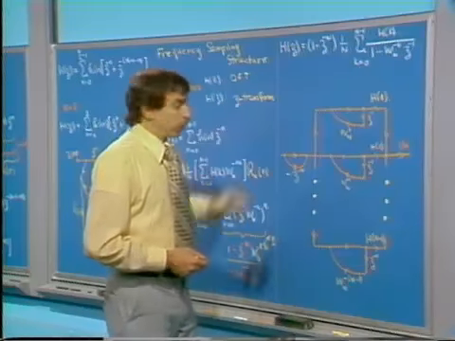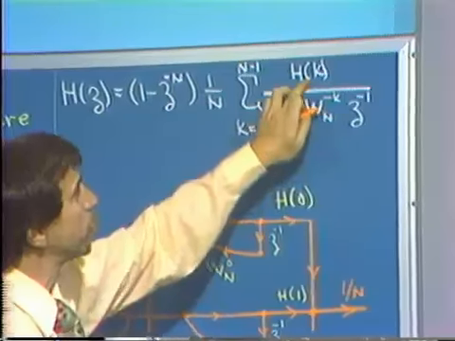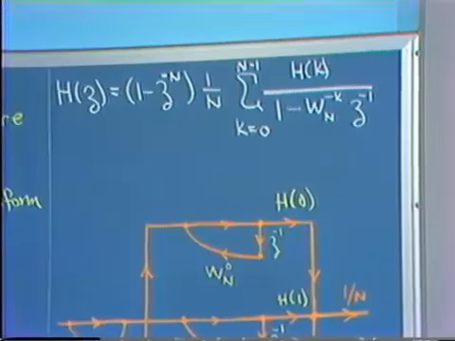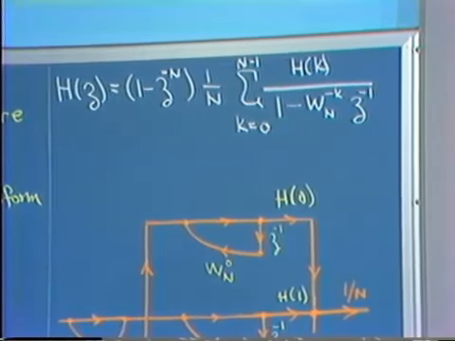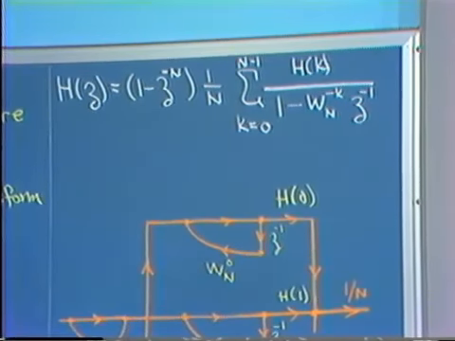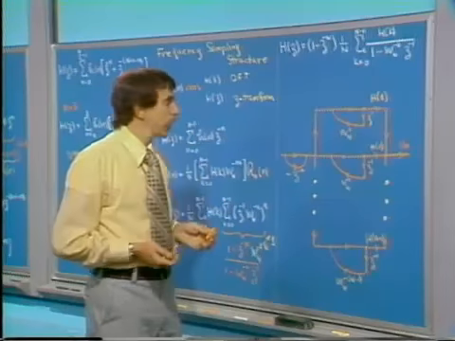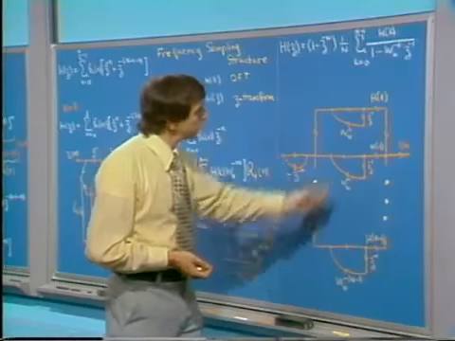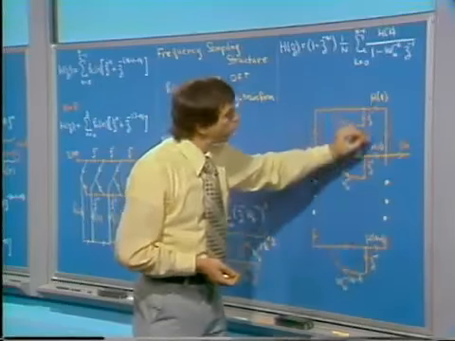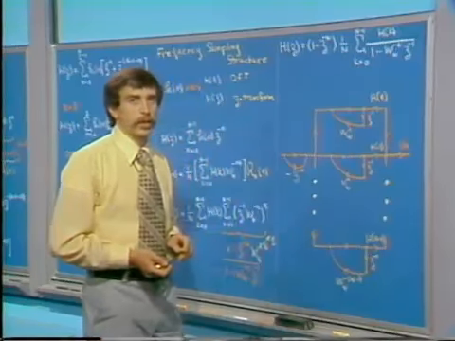In this system function, this piece and this piece, except for the H of k's, are tied only to the fact that the unit sample response of the system is of length capital N. So if I implement a large number of systems whose impulse response is of length capital N, the system will look identical from the input up to the point where I do the multiplication by the frequency samples.